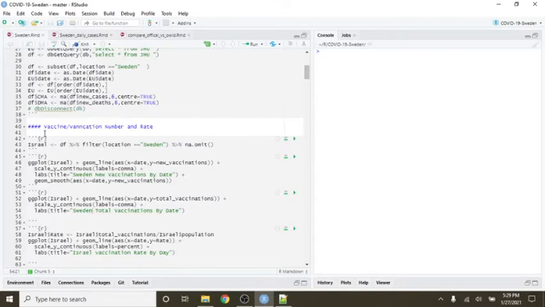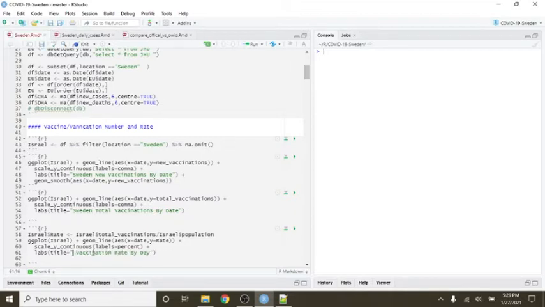So I have added some numbers for the vaccine rate. This will be Sweden's new vaccines by date, Sweden's total or cumulative vaccines by date, and Sweden's percent vaccine.